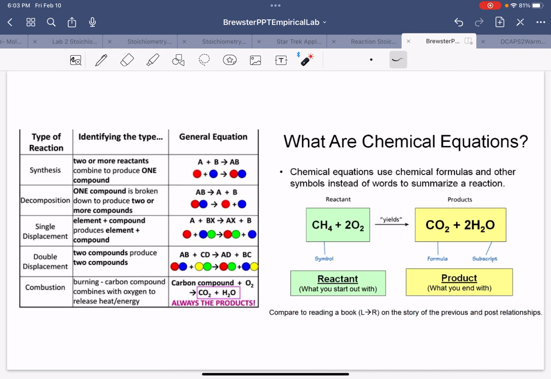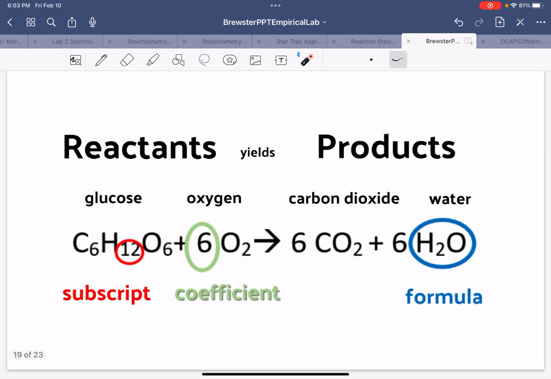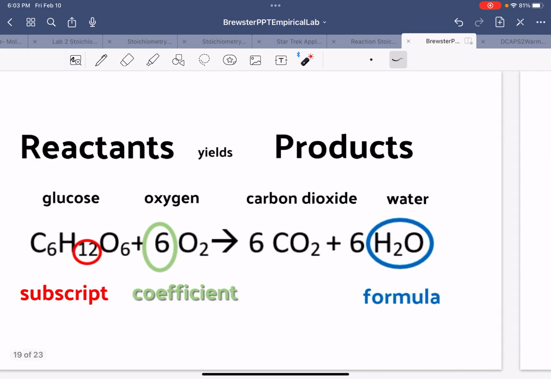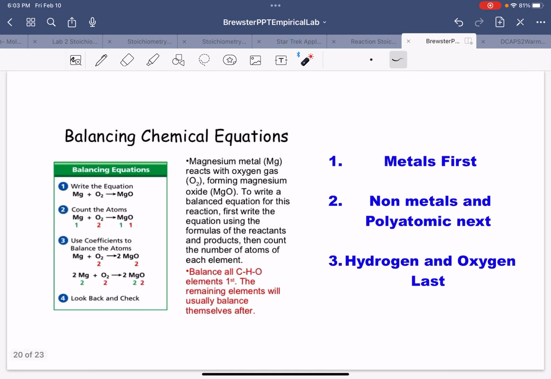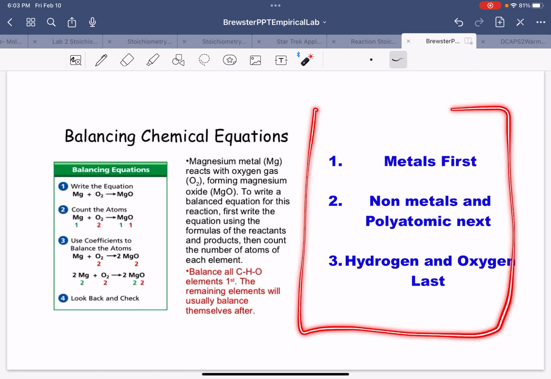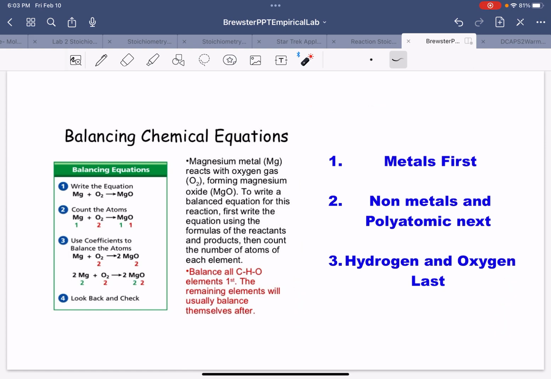Chemical equations, still working with our 5 types of reactions and how to identify them and what our products and reactants are. Coefficients, subscripts, and formulas. And a reminder about our balancing equation rules and how we balance them.